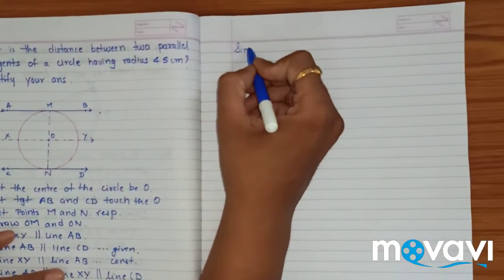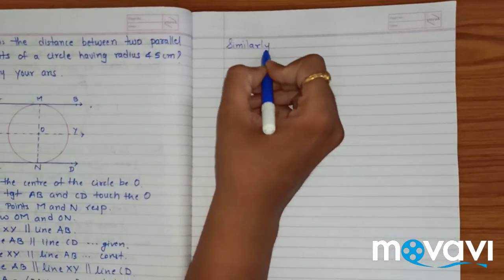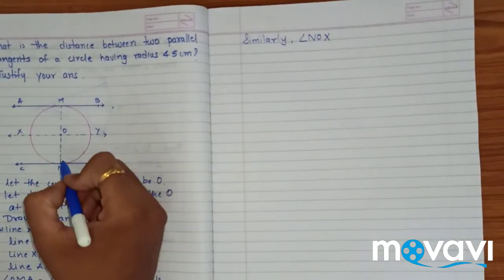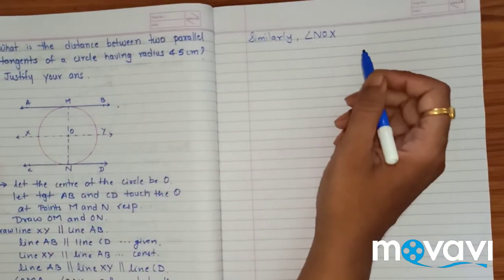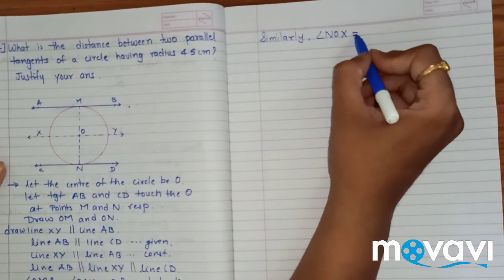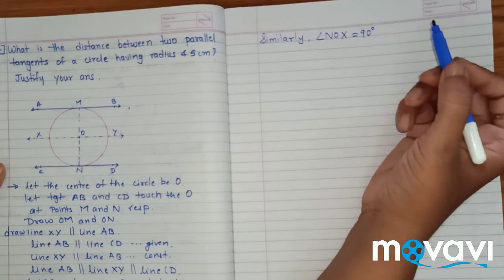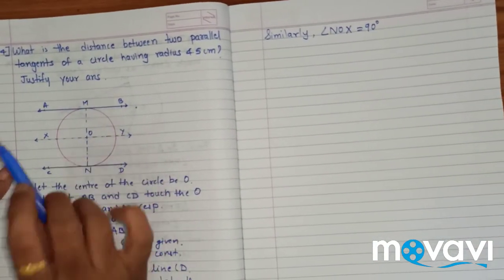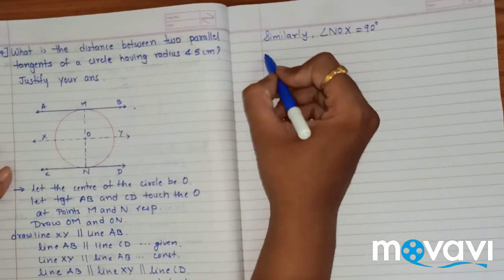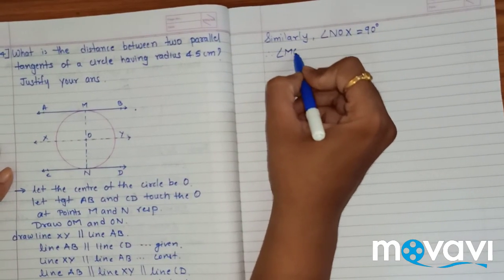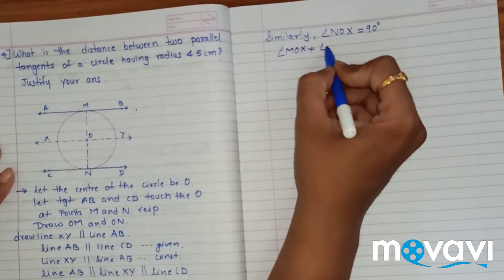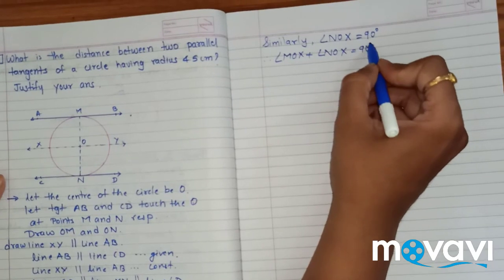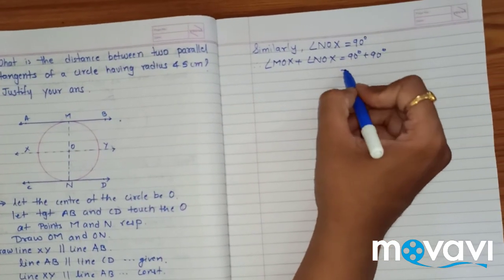Similarly, angle NOX is equal to 90 degree. You got MOX as 90, so NOX also will be 90 degree. Now angle MOX plus angle NOX is equal to 90 degree plus 90 degree, that is 180 degree.